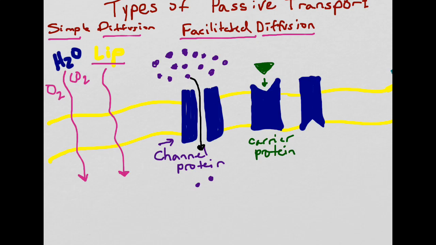So the molecule, the ligand, attaches on one side of the carrier protein. The carrier protein changes shape and releases the product on the other side. Again, we're going to go down the concentration gradient. This does not require energy, but it does require this protein, so it's facilitated.